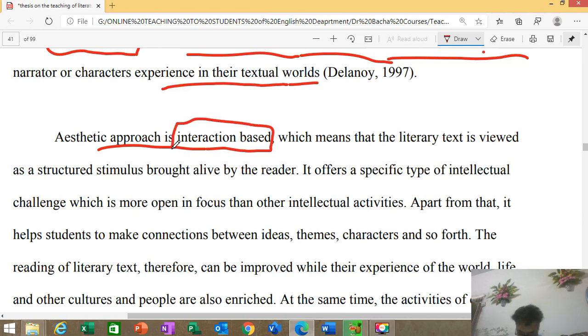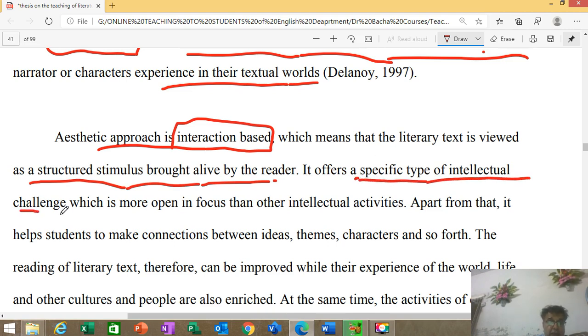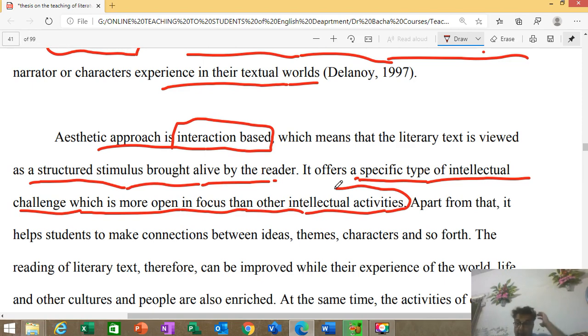Mostly interaction takes place, which means that the literary text is viewed as a structured stimulus brought alive by the reader. It offers what? A specific type of intellectual challenge, which is more open in focus than other intellectual activities. All right. Apart from that, it helps students to make connections between ideas, themes, characters, and so forth.